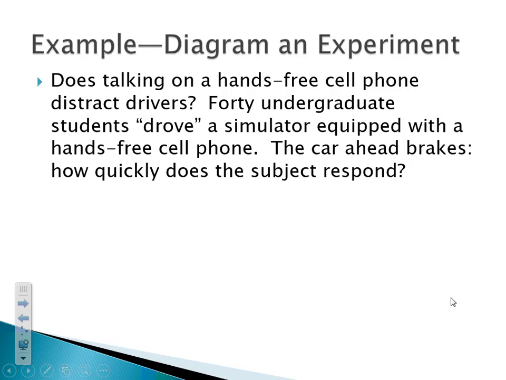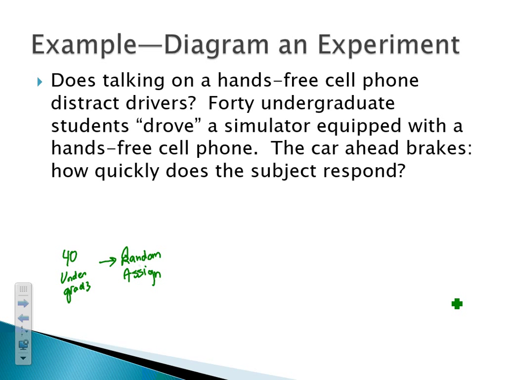All right, so let's diagram out this example of a matched pairs design. Again, we're going to start out with our number of subjects. Here we have 40 undergraduate students. And right off the bat, we're going to go into random assignment. We're going to evenly split this up into two groups of 20.